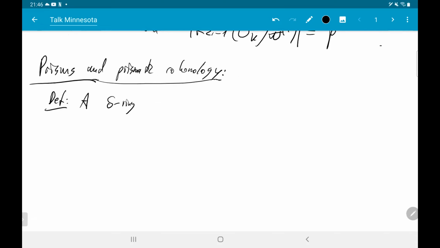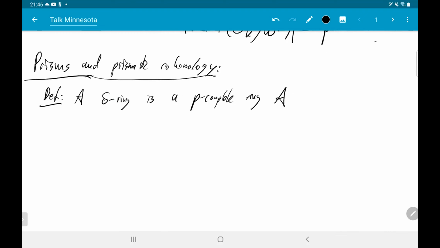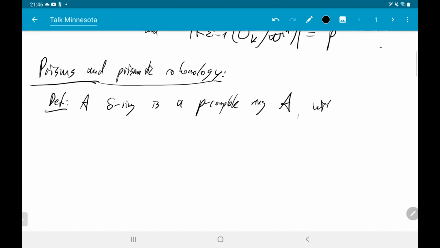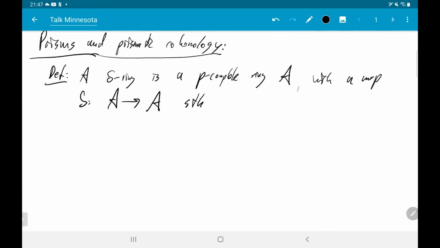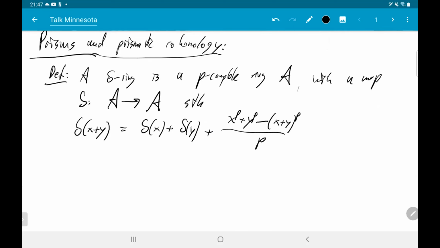So a delta ring is a p-complete commutative ring A with a map delta from A to A such that delta of x plus y is delta of x plus delta of y plus x to the p plus y to the p minus x plus y to the p, divided by p.